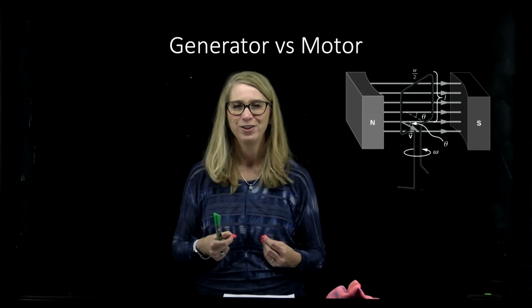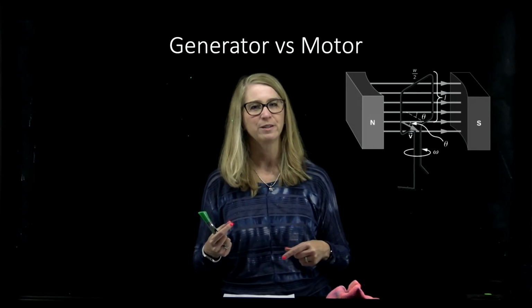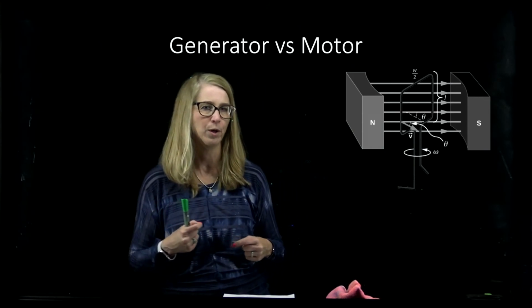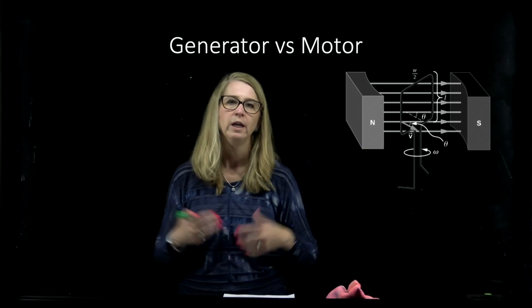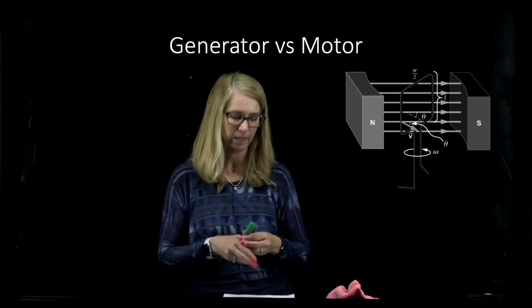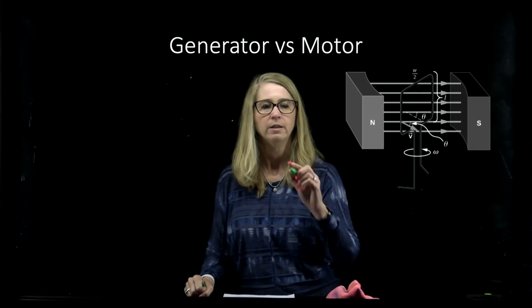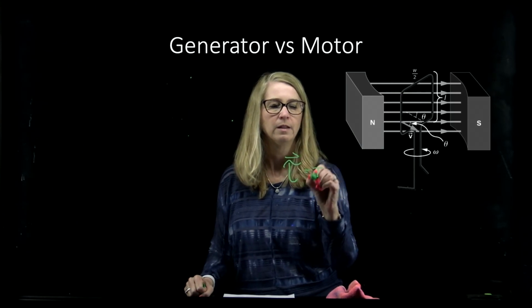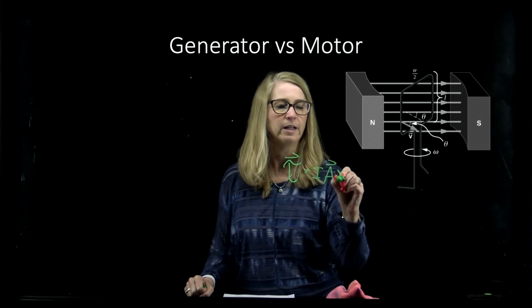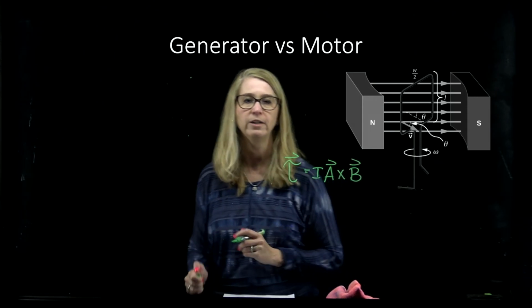Another thing that we can do is do this backwards, and then it's called a motor. If we send current through this loop and we place it in the magnetic field, remember that a loop carrying current in a magnetic field will feel a net torque.